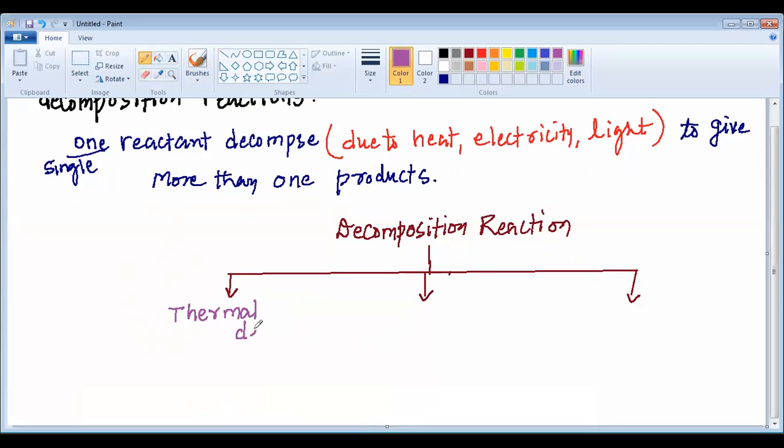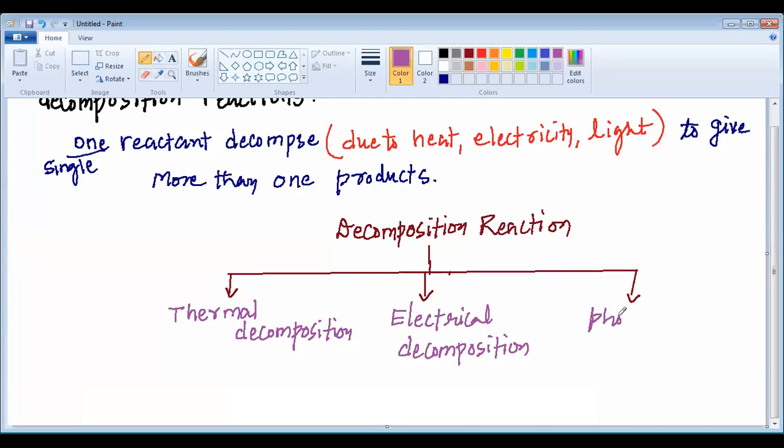Thermal decomposition. Then we have the electrical decomposition. And then we have the photochemical decomposition.